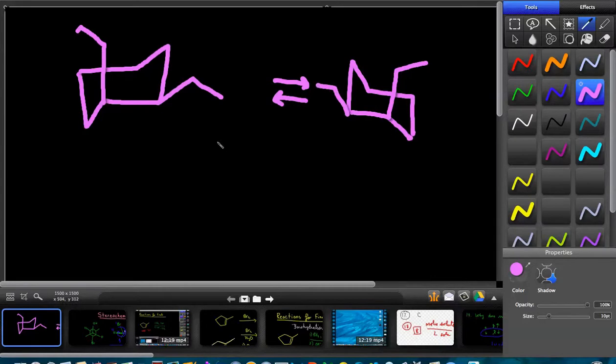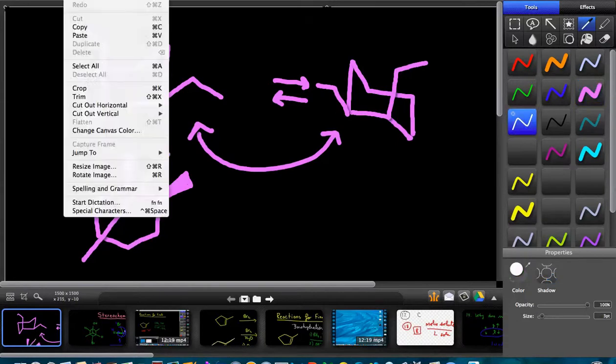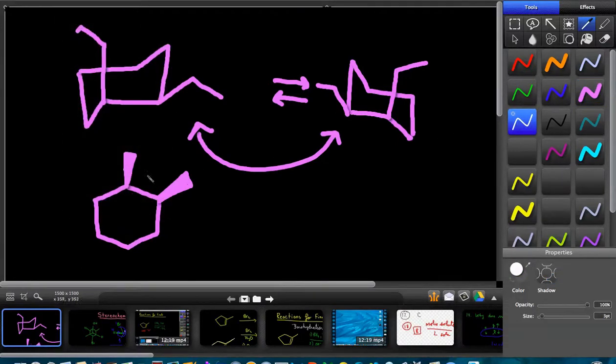So each of these will be favored at equilibrium, and these two are going to interconvert into one another. If you were to draw this in a planar structure, this of course is going to be cis, and given the fact that it is cis and there is an internal plane of symmetry, let me draw that a little bit better.